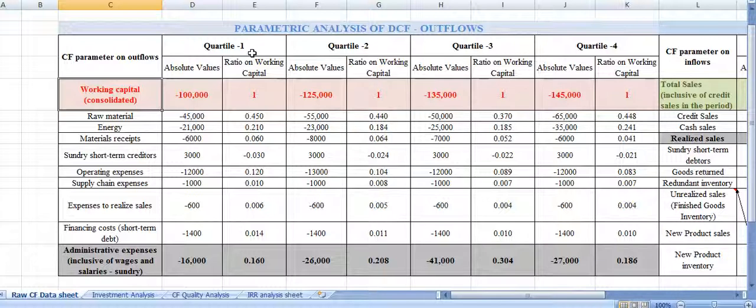I would like you to realize, to understand or appreciate the concept of quartile 1, quartile 2, quartile 3, and 4, and so on. Primarily in a futuristic plane, when you are expected to predict the cash outflows in a time series or in a timeline, we need to create epochs over 4 quarters.